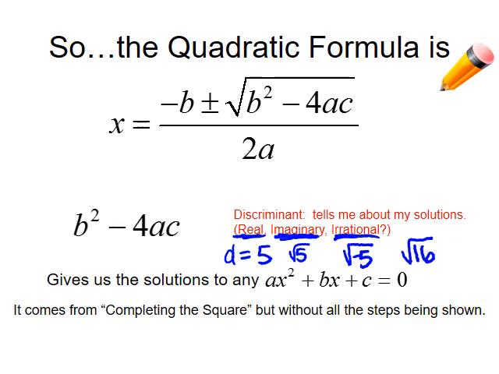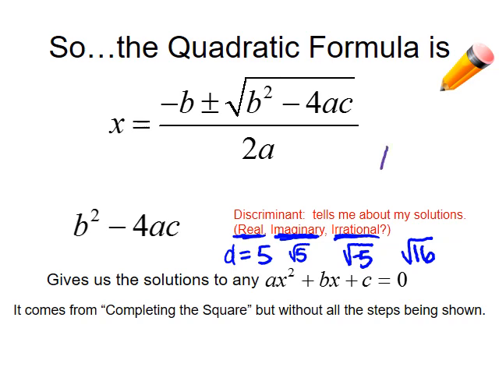Now remember, if a quadratic is not factorable, we have the option of completing the square or quadratic formula. I am going to have the expectation of both on the test. But know that you can actually use completing the square and quadratic formula for every quadratic.